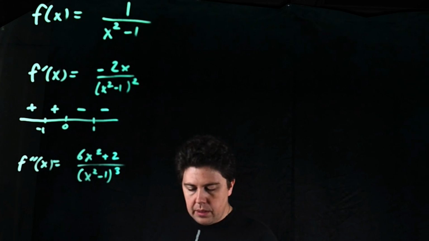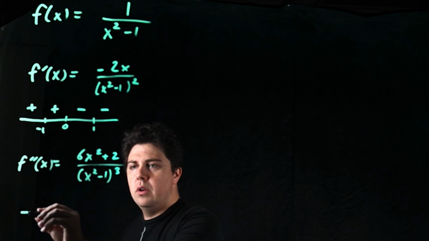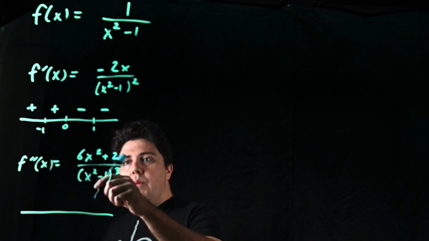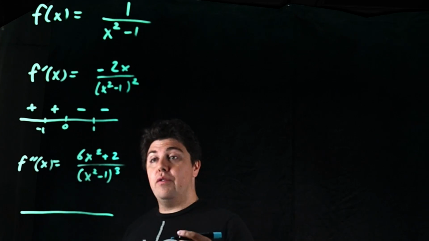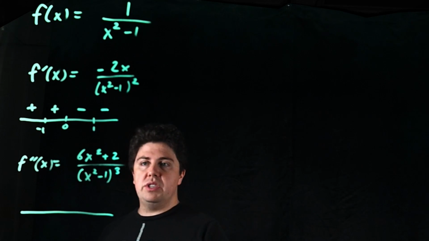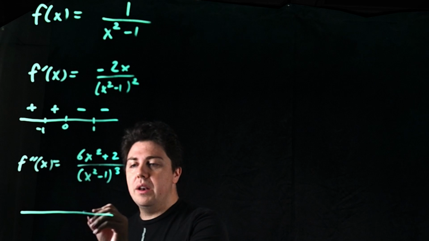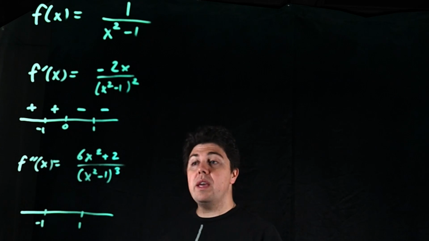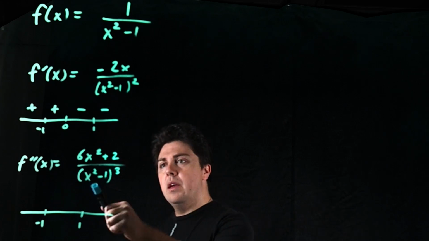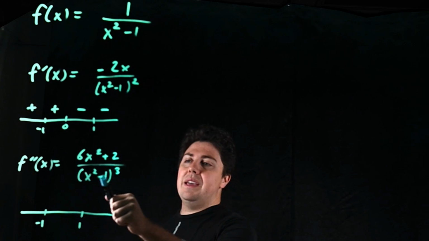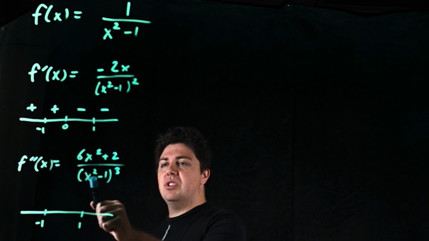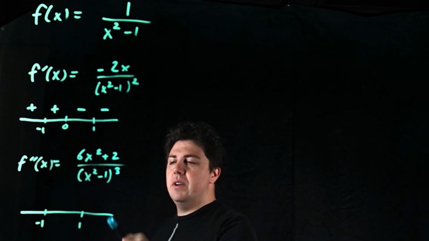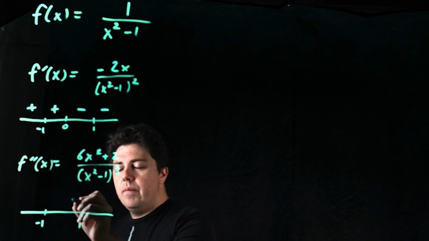Now, similarly, for the second derivative, let's see what happens. Again, the numerator never has any zeros at all, so we don't have to worry about 0, but let's be worried about 1 and minus 1. So what do we have? Between 1 and minus 1, this denominator is going to be negative, because you take a number less than 1 in absolute value, square it, subtract 1 from it to get a negative number, and the cube of a negative number is still negative.